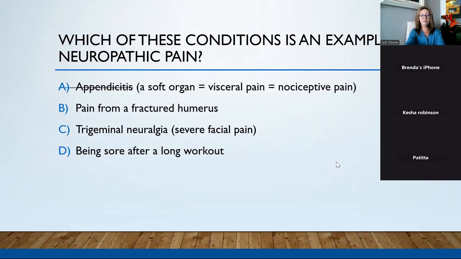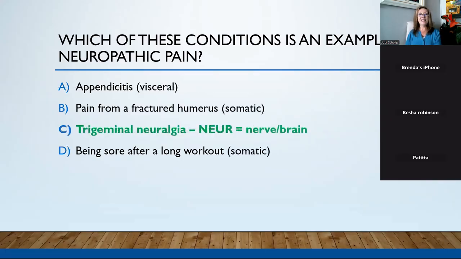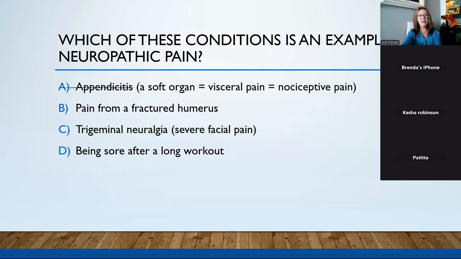Best answer, C, trigeminal neuralgia. I gave you a big hint in that one. Neuropathic pain is going to be to do with the nerves and the brain. And here, when we eliminated appendicitis, I gave you, it's a soft organ, right? Visceral organ, visceral pain.